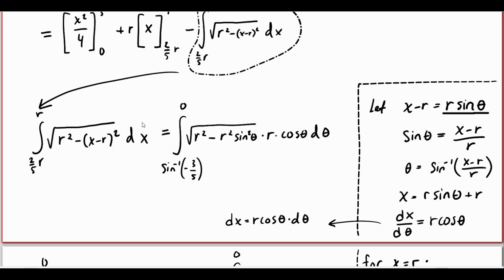And then we have dx, which is the same as r times cos theta times d theta.